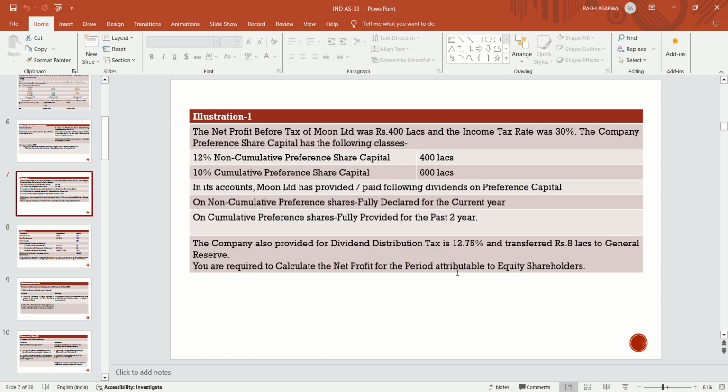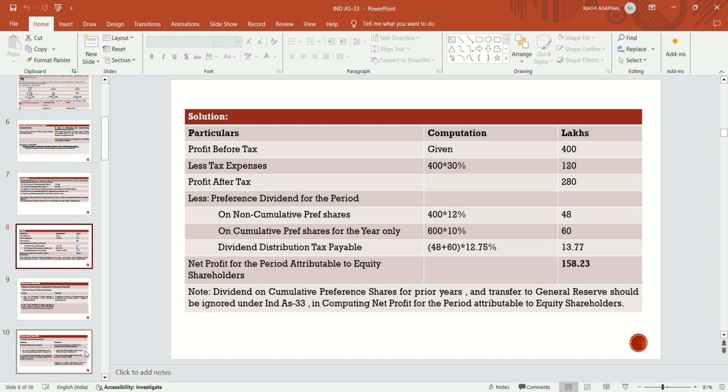In this way, we calculate the net profit for the period attributable to the equity shareholders. Note: dividend on cumulative preference shares for prior years and transfer to the general reserve should be ignored under Ind AS 33 in computing the net profit for the period attributable to the equity shareholders.